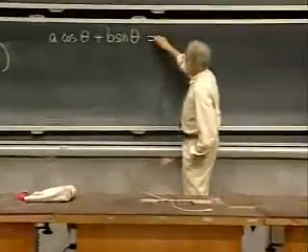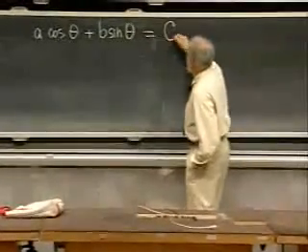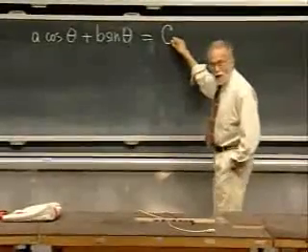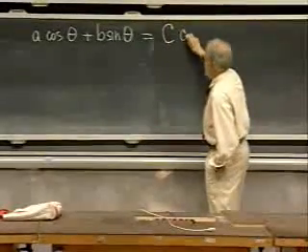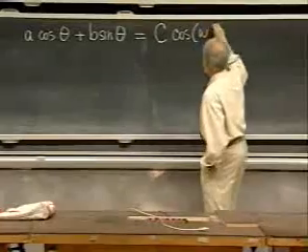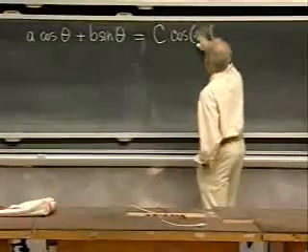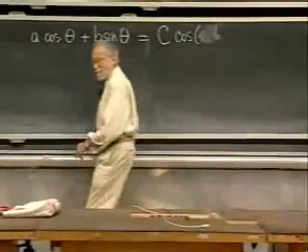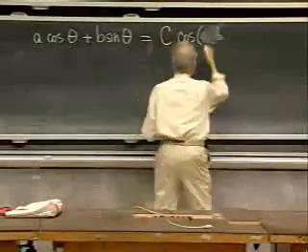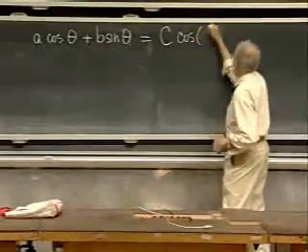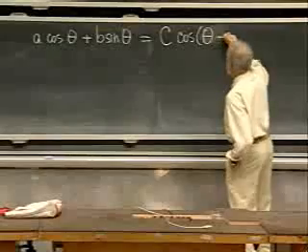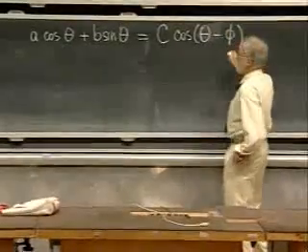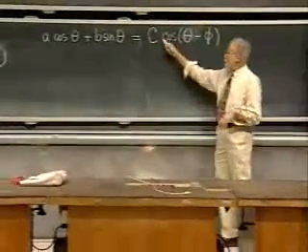All right, so the answer is that this is equal to some other real constant, C, times the cosine of theta minus phi. Of course, most people remember this vaguely.